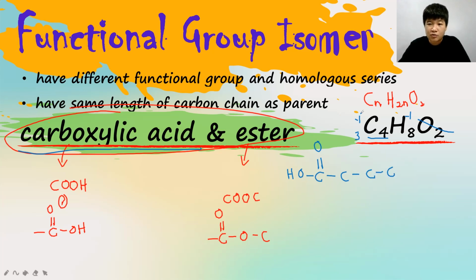All 4 carbon is done. Hydrogen, you have 7 more. Let's see where the 7 should go in. Simple. Make sure your carbon has 4 bonds, then your hydrogen should be just nice. Bear that in mind, you cannot add or remove any of the atoms that have been given to you. That is my C4H8O2 for carboxylic acid.